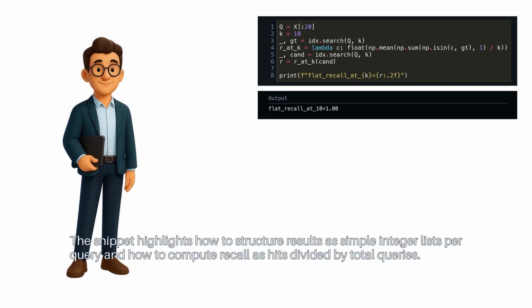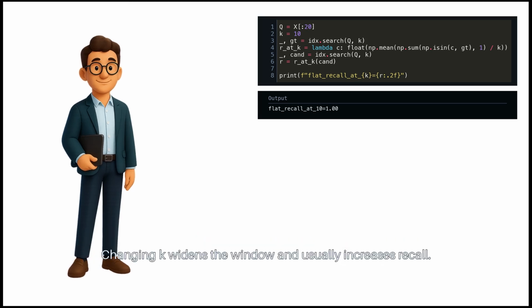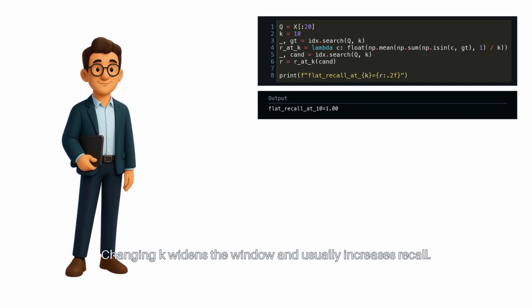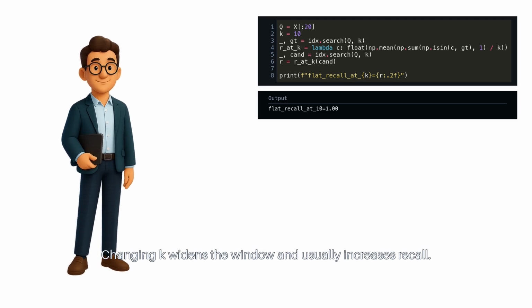The snippet highlights how to structure results as simple integer lists per query, and how to compute recall as hits divided by total queries. Changing K widens the window and usually increases recall.